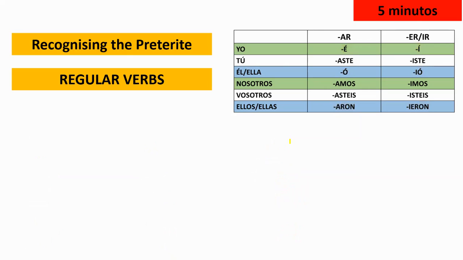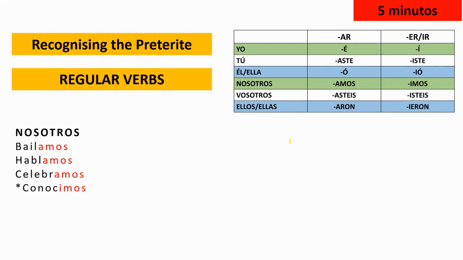preterite tense. If we have a look at the nosotros ones, like I said before, lots of these verbs have the same ending in the present tense as they do in the preterite tense. I'm going to talk through those in a little bit. So bailamos, that verb could be in the present tense or it could be in the past tense. Same with hablamos, same with celebramos.